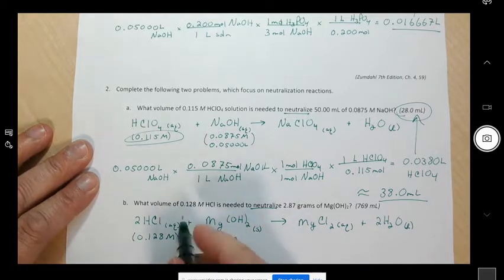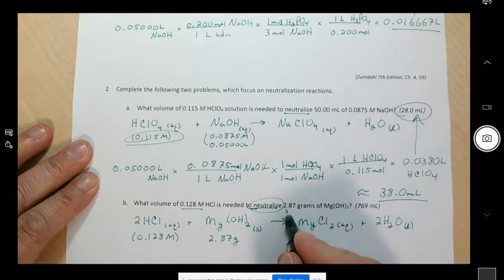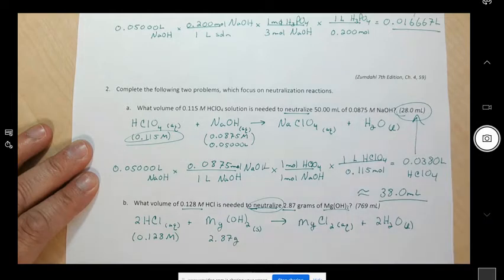2HCl, let's see, here's my concentration. We're going to completely react it with 2.87 grams of magnesium hydroxide. So we're going to go from grams of magnesium hydroxide to moles of HCl, and then to volume again. So 2.87 grams of magnesium hydroxide.